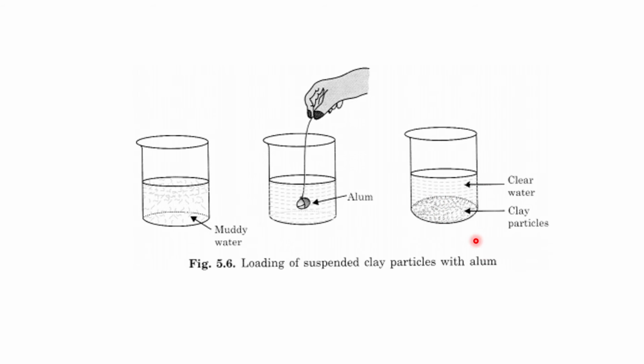So these clay particles would settle down, and as a result, you would obtain clear water on the top. And by the process of decantation, you can again separate the clear water from clay particles. So loading is a type of sedimentation in which it is not sedimentation but is speeding the rate of sedimentation.